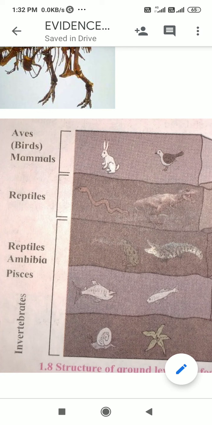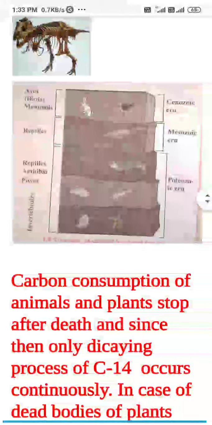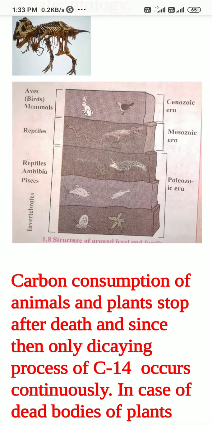So, as we go deep in the earth, the first type of fossils are vertebrates, then reptiles, amphibians, and after this, aves and mammals. This means that evolution is gradual, step by step, from vertebrates to mammals and birds. So, how are these eras decided?